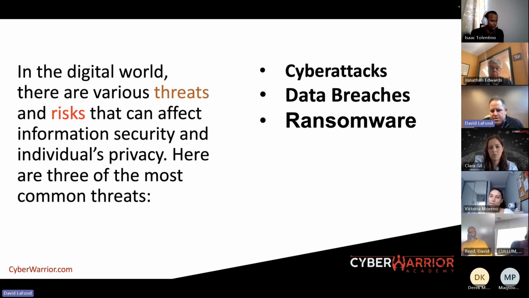Data breaches could be something similar in nature, where the information might be removed, but the information also might be kept at the location where it was attacked and copied and made available in its unintended form. And then cyber attacks could be one of the two, data breach or ransomware, or a denial of service, or some other action that could cause one of the other unintentional risks to present itself.